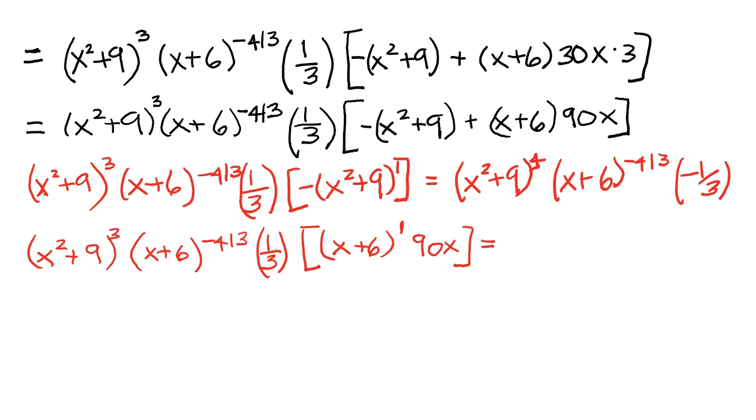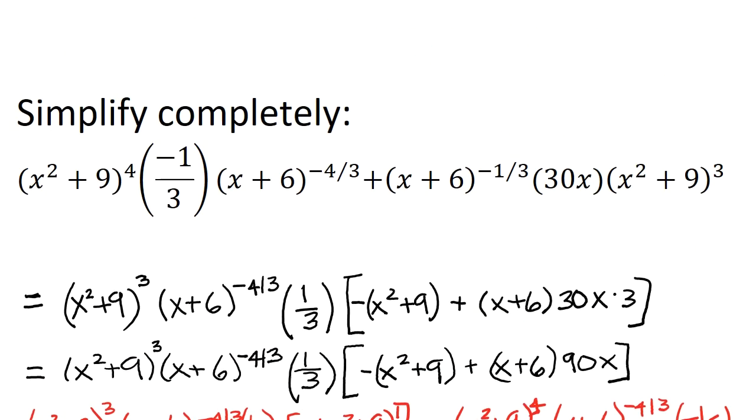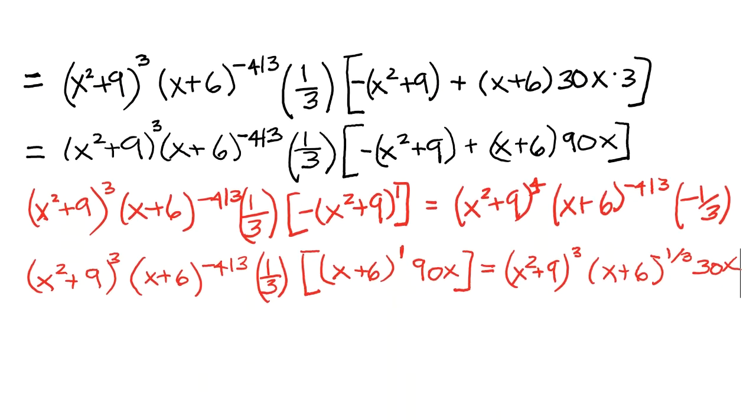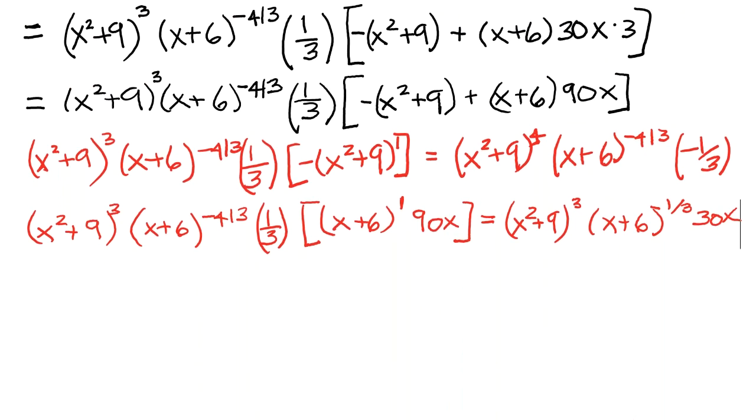So I'm going to get x squared plus 9 all cubed, so that's fine. And then I'm going to get x plus 6 to the minus 4/3 plus 1, which is going to give me minus 1/3, and 1/3 multiplied by 90x is going to give me 30x. So is that the second term back? Yes, it is. So you see what I'm doing is I'm factoring out a factor, and inside the square brackets I've got to have expressions that give me the first two terms back.